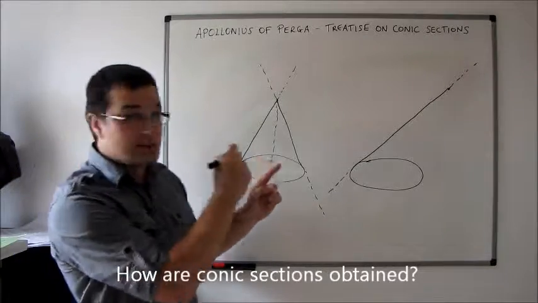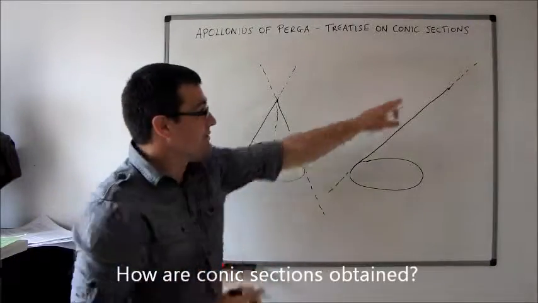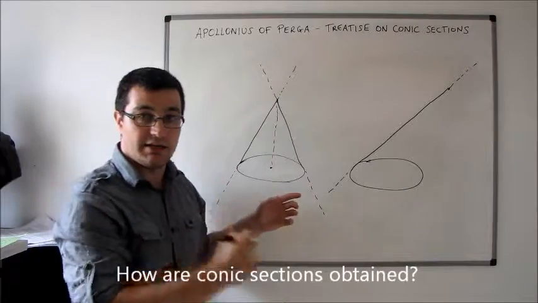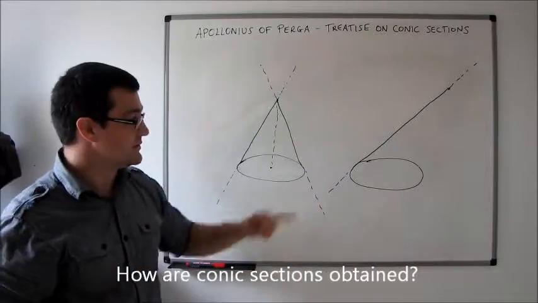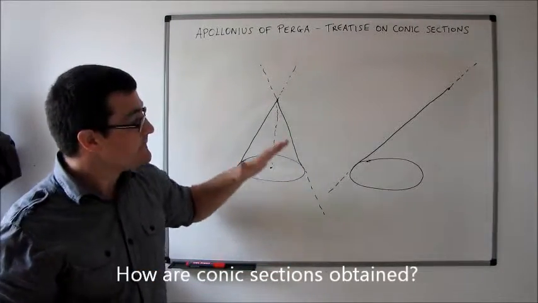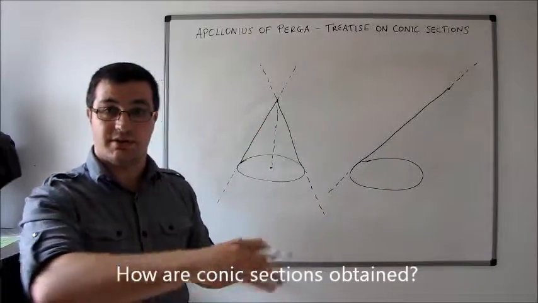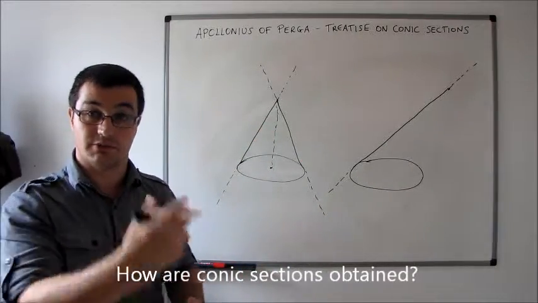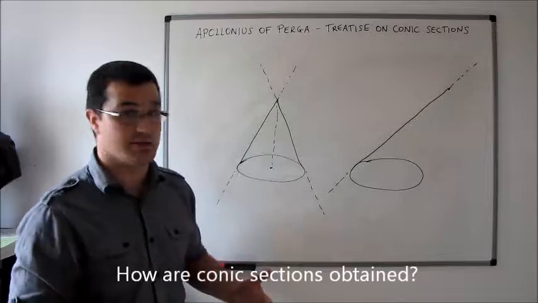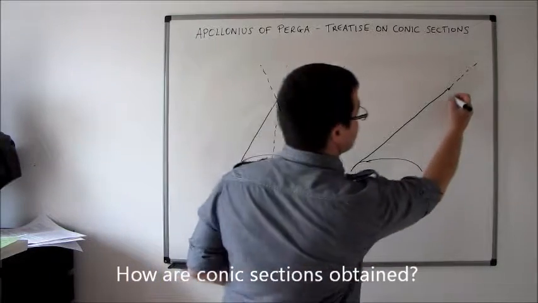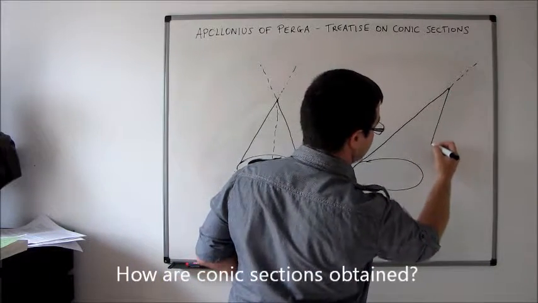And we do the same thing. We let that line rotate around. We keep this point fixed and rotate the line around the base circle, the circumference of the base circle. And what gets traced out is the surface of our cone from which we're going to cut the conic section. So we get something that looks like this.